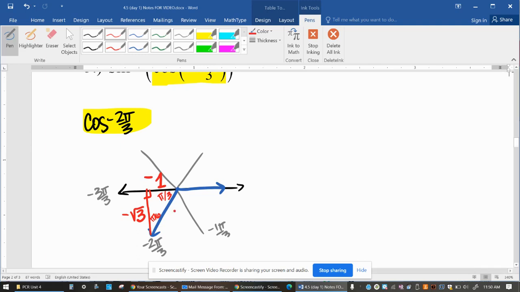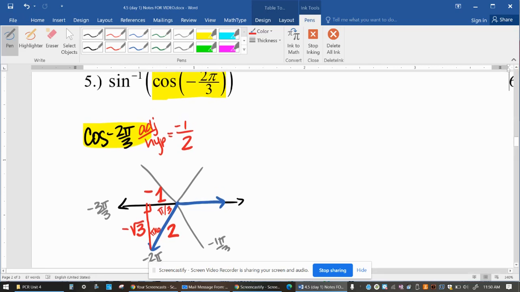The hypotenuse is always going to be positive, so you don't have to worry about that. All right, cosine of negative 2 pi over 3, that's adjacent, right, over hypotenuse. So that's adjacent over hypotenuse. And then we're going to go ahead and replace that.